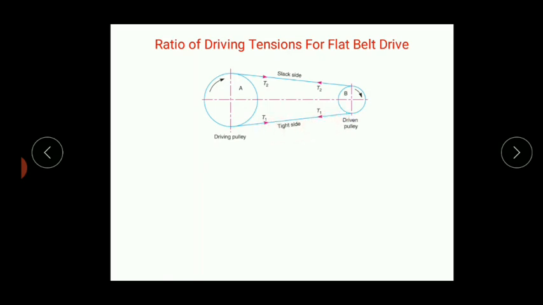Similarly, the tension on the slack side is represented as T2 over here. Observe, this is T2 and this one is T1. You can take either the smaller pulley or the larger pulley. The derivation is a link I will share with you on WhatsApp.